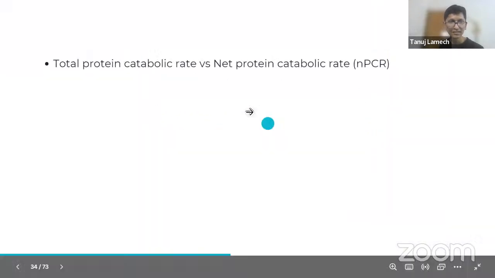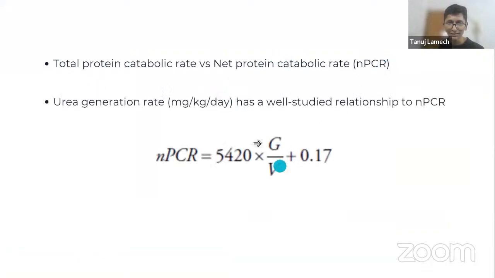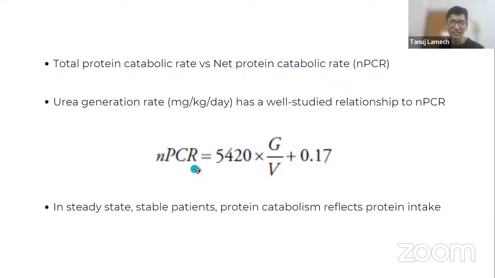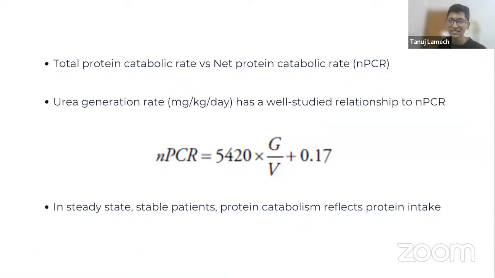So, basically, we were speaking about the net protein catabolic rate. All right. So urea generation, as I said, through urea kinetic modeling, we get a value for G and we can calculate this protein catabolic rate from G. When we know G and V, we can calculate the protein catabolic rate. And in any steady state person, protein catabolism should be equal to their protein intake because they are in steady state. That's the assumption we make.